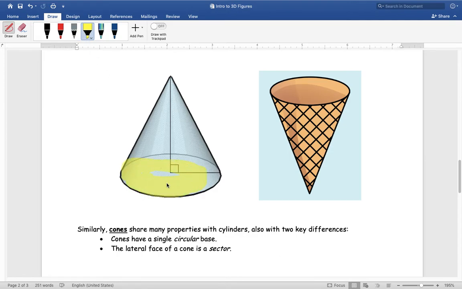So, yay, one circle that makes up this base. And then it has only one other surface. Again, think of an ice cream cone. You've got the circular piece up here. The rest of the cone is just one solid mass. And that second face of your cone is actually going to be a sector. It's a piece of a circle. So we're going to see that in just a second.